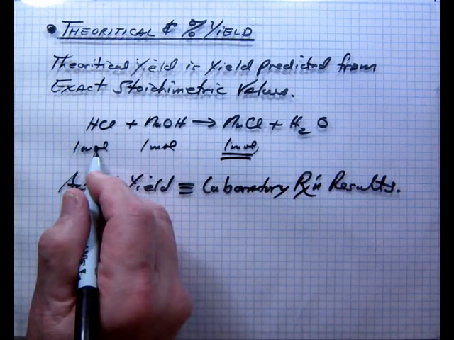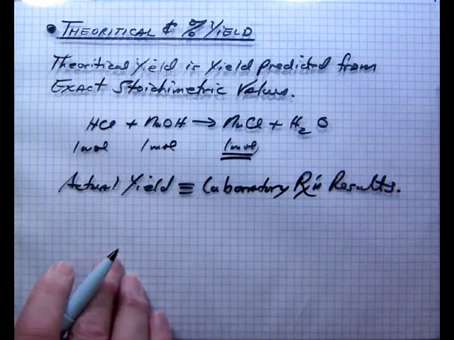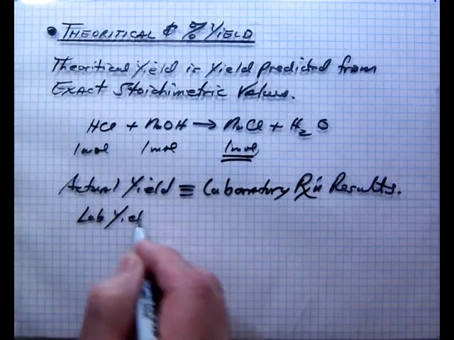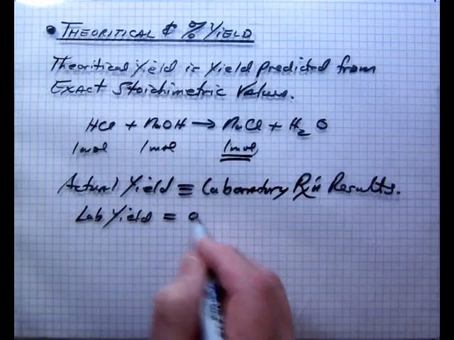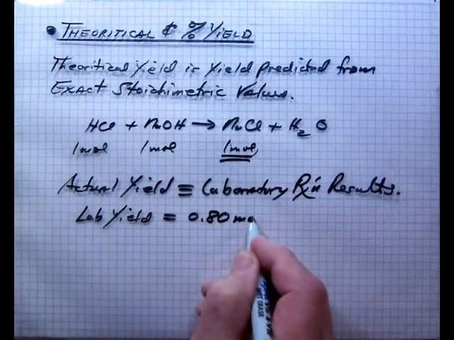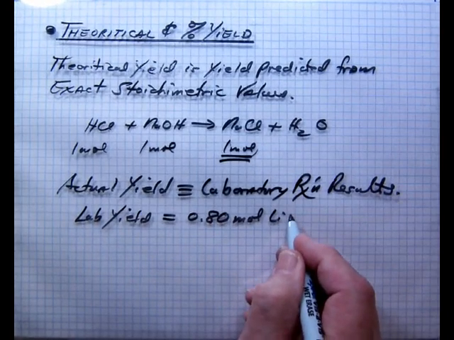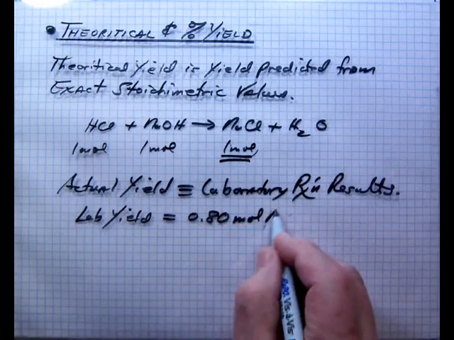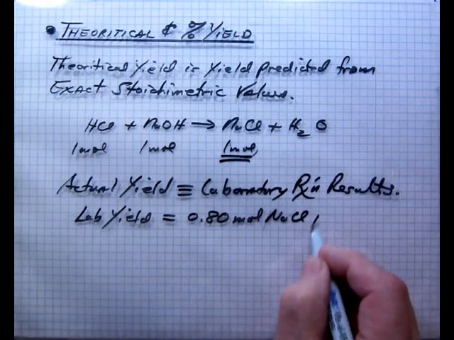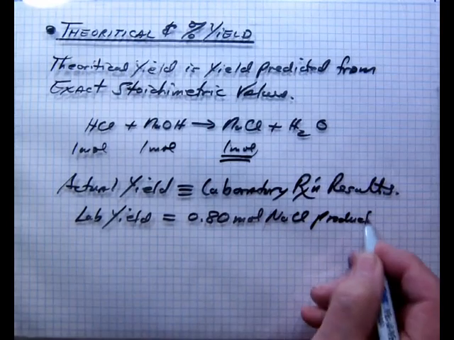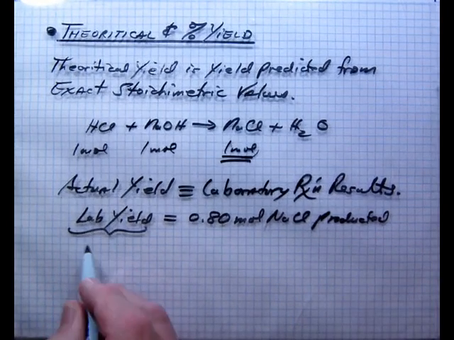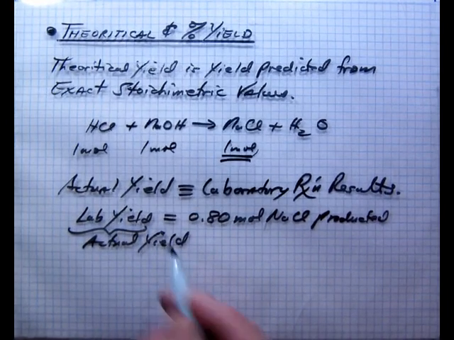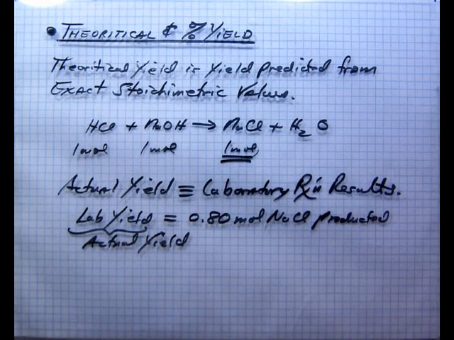If we have 1 mole here, no matter how much sodium hydroxide, but say the lab yield turned out to be 0.80 mole sodium chloride produced. This is the actual yield, or lab yield, however you want to say it.